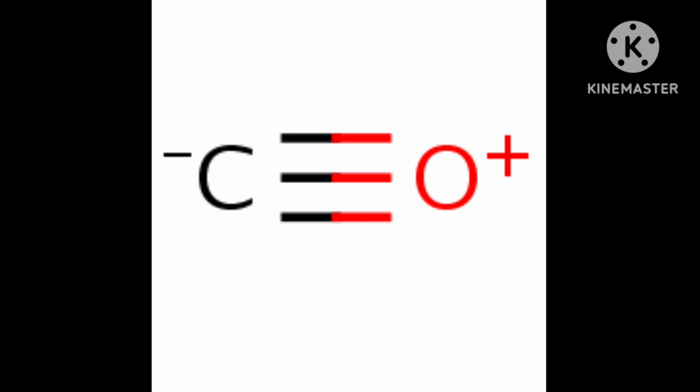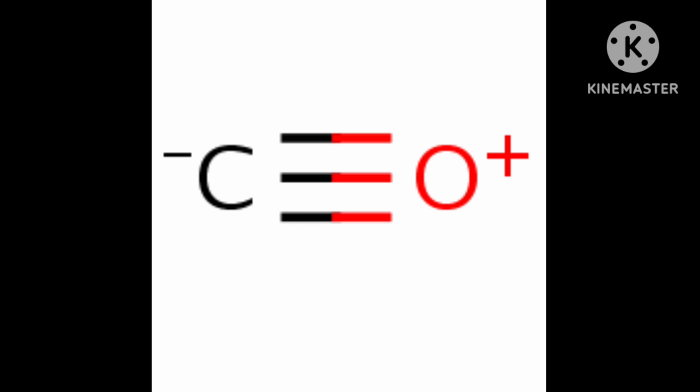In the first structure, the oxygen with three lone pairs of electrons will be negative, and the second oxygen will be positive. The reverse of the first structure is the third structure.